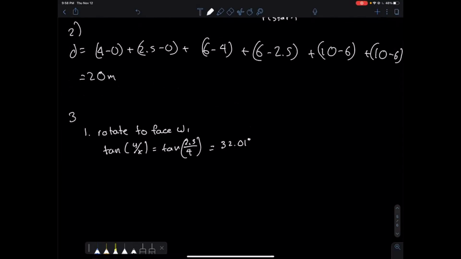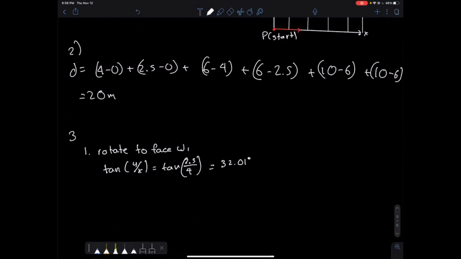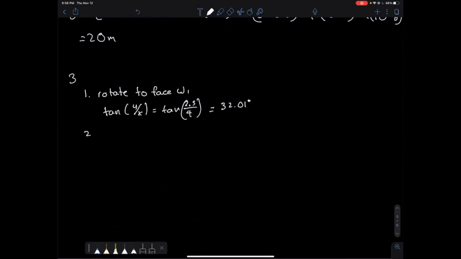All right, then you need to travel forward the distance for W1. So your step 2 is going to be translate, or drive forward, the distance between W1 and P start.